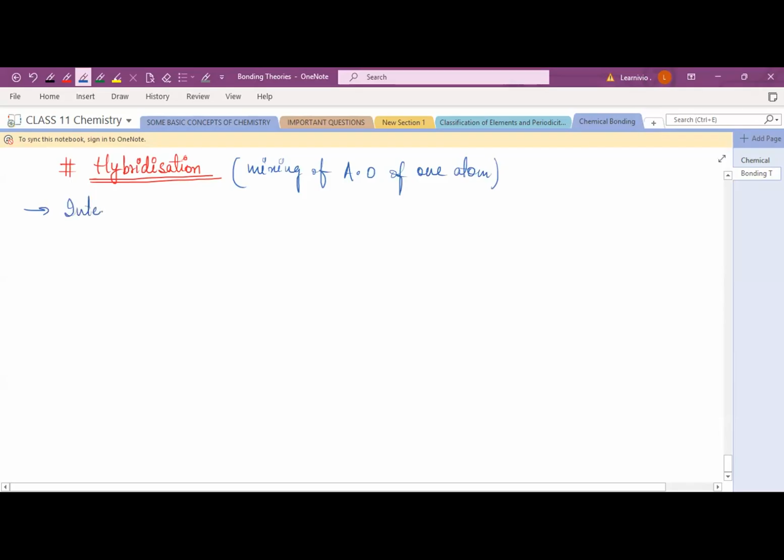So the proper definition is intermixing of atomic orbitals of slightly different energy. Suppose we have one s orbital and one p orbital. Suppose we have any element. Suppose one has an s orbital and one has a p orbital.